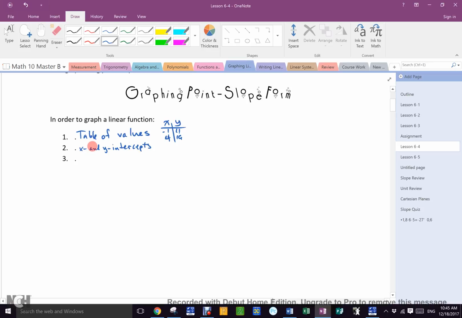Then, when you learned X and Y intercepts, using that knowledge, we realized, oh, wait a minute. When X was 0, the equation gave us the Y-intercept, didn't it? So then, the third thing you learned was y equals mx plus b, which is called slope-intercept form. And that is where we are right now, yes?